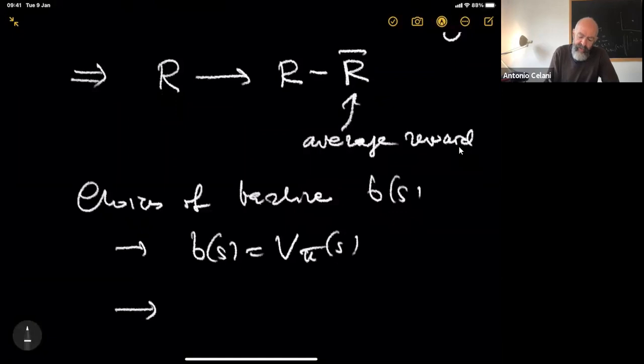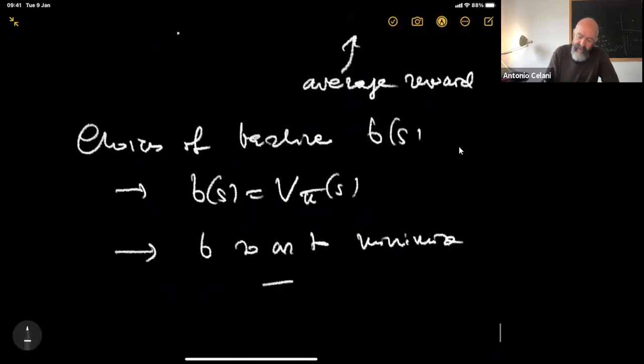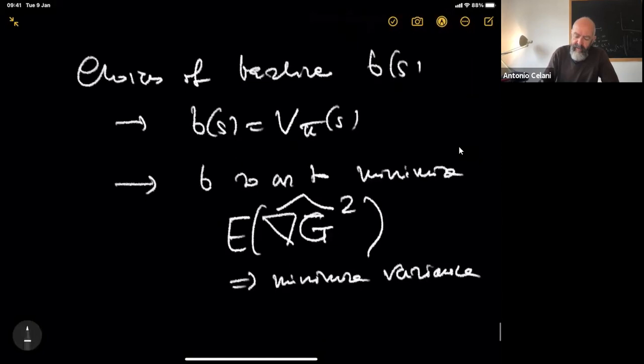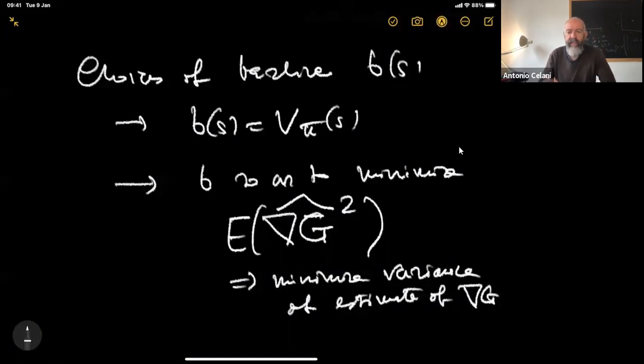So, for instance, you could choose B so as to minimize the expected value of the square of your gradient, which means that you minimize the variance of the estimate of grad G. So this is the first one. The first choice does not correspond to the second one.